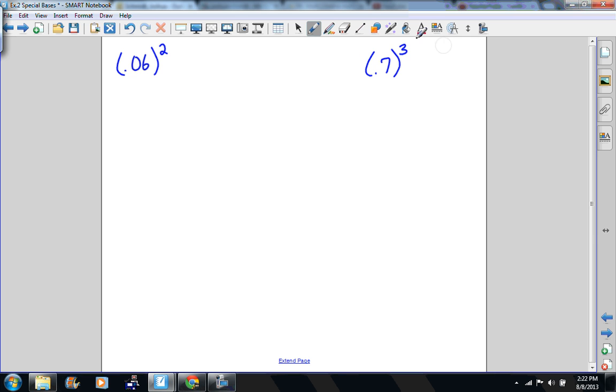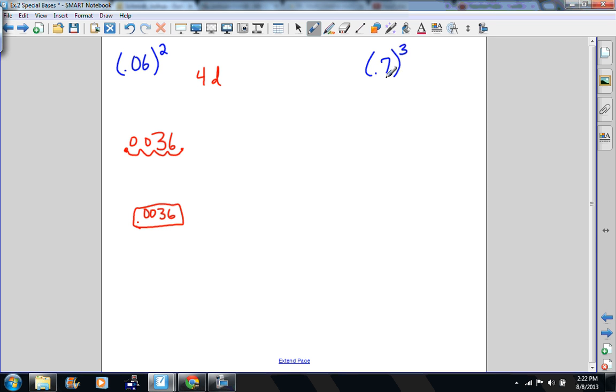So for this one, we have 2 decimal places squared, so that means we have 4 decimal places. 6 squared is 36, and we move the decimal place 4 times. 1, 2, 3, 4, ends up right there. So we get 0.0036. And we're done.